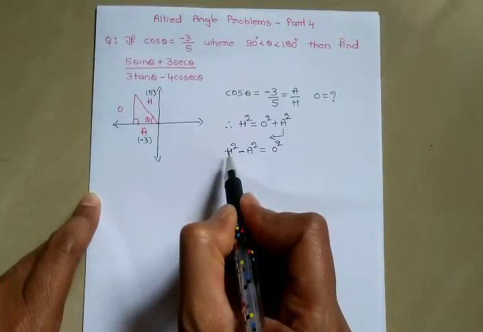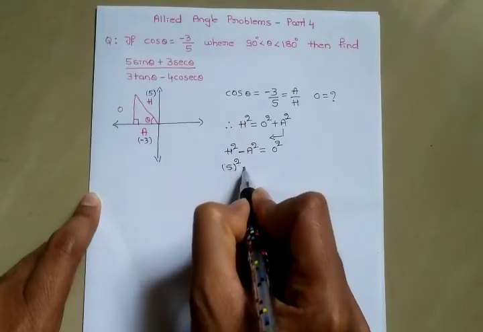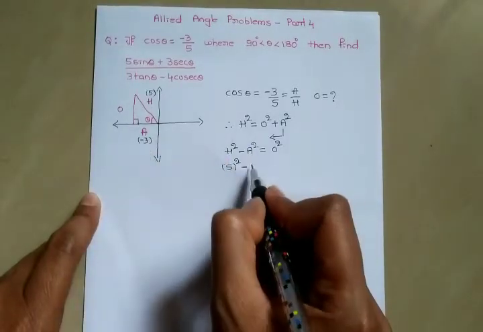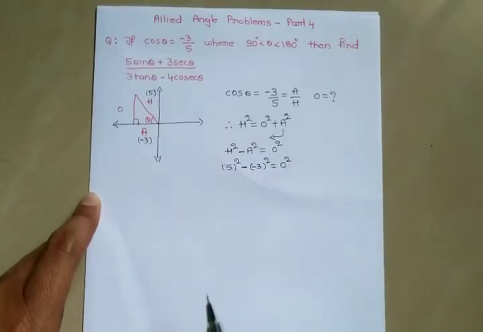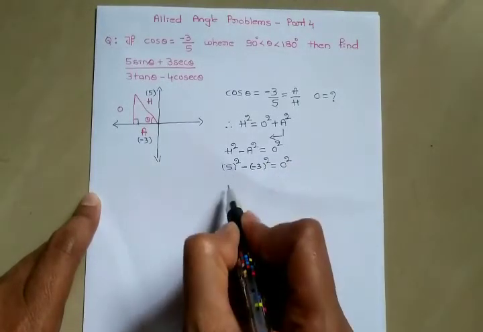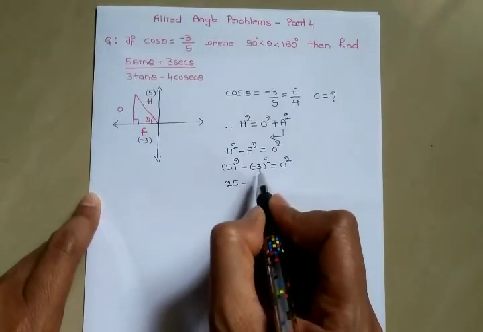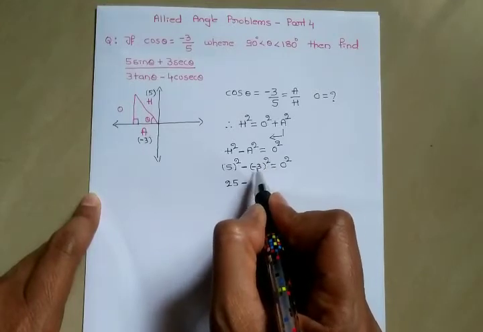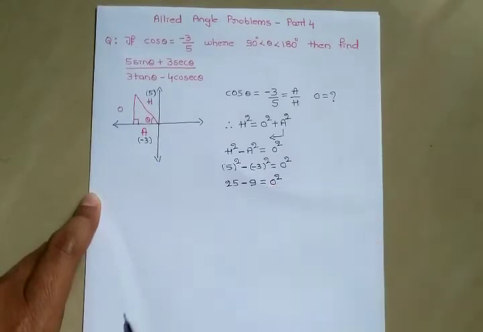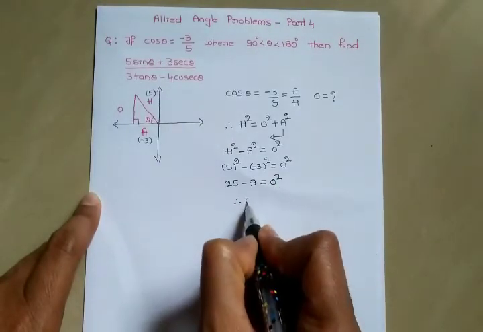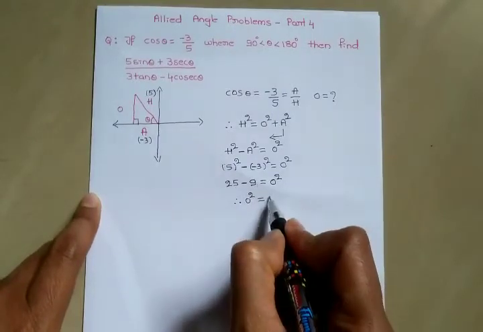Now substitute the h value: h is 5, so 5 square minus a, where a is minus 3, square, is equal to o square. 5 square is 25, minus 3 square, because of the even power, minus becomes plus, is 9. So o square is equal to 25 minus 9, which is 16.